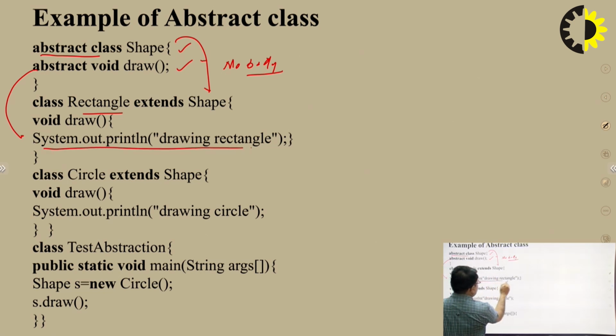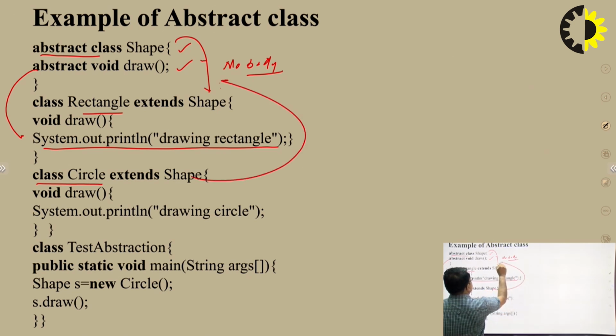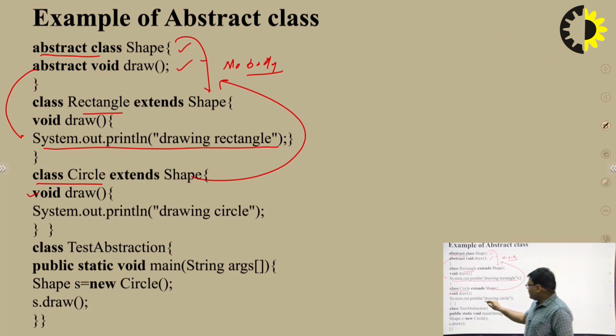In this method we are printing "drawing rectangle". And another class, Circle, also extends the abstract class Shape and has the same method, providing a different implementation, a different message.